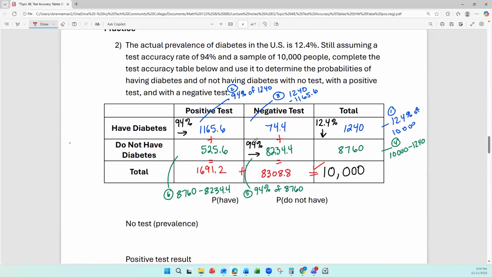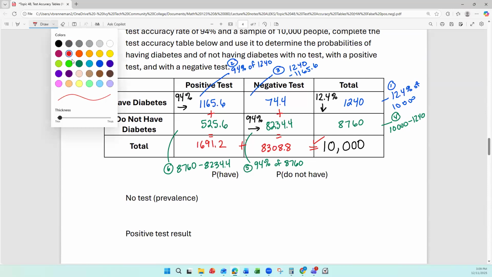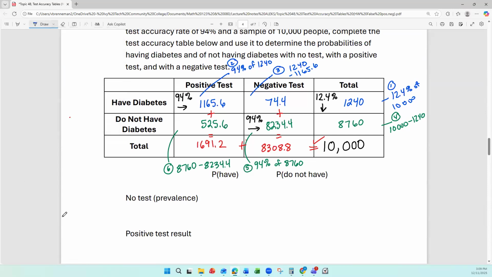All right, so let's break down what this means. With no test, a random person out of the 10,000 people has a 0.124 probability of having it, and 0.876 of not having it.